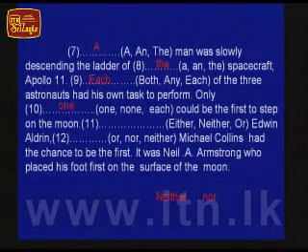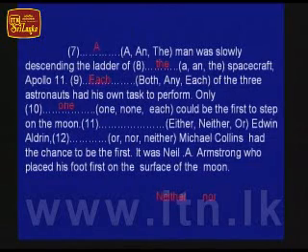Now sentence number 11 begins with a blank. Blank number 11, either, neither, or. I hope you have heard these words, either, neither, or. It's always either or neither nor. That's the way you use them. Edwin Aldrin, Michael Collins had the chance to be the first.